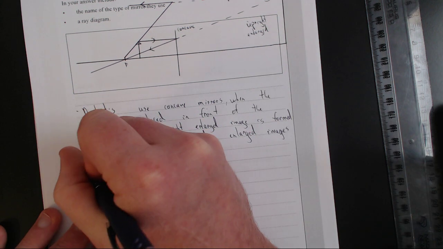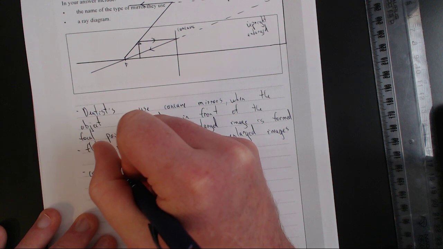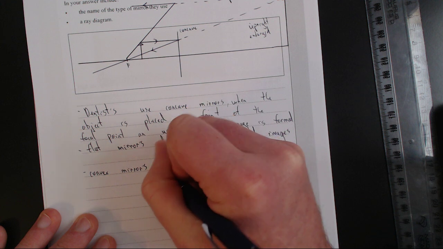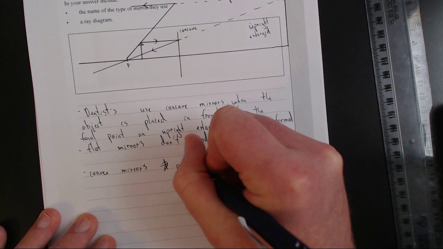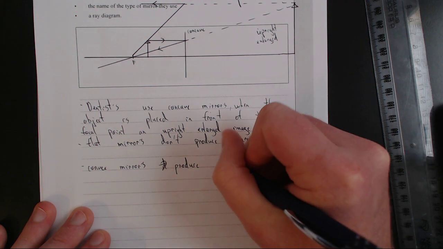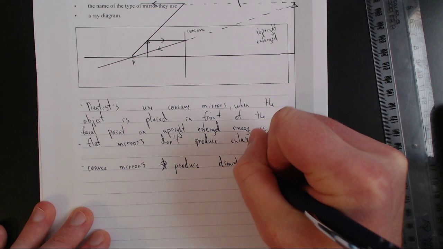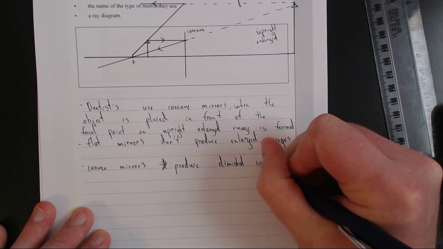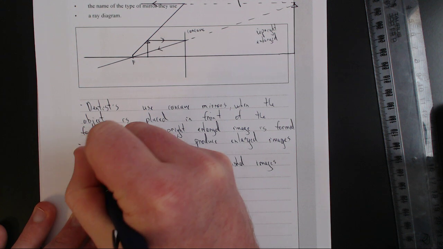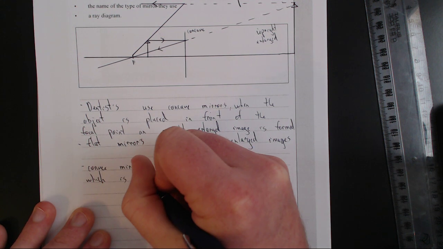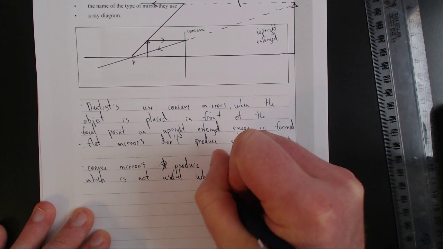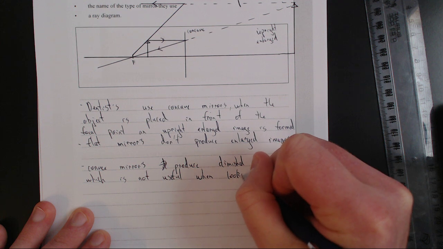And convex mirrors produce diminished images, which is not useful when looking at teeth.